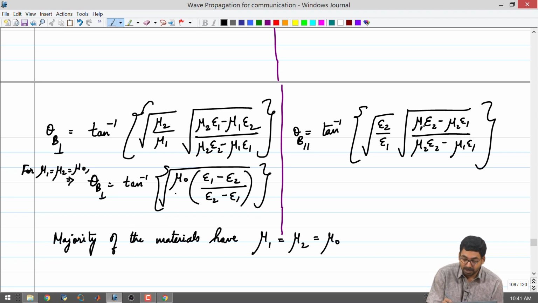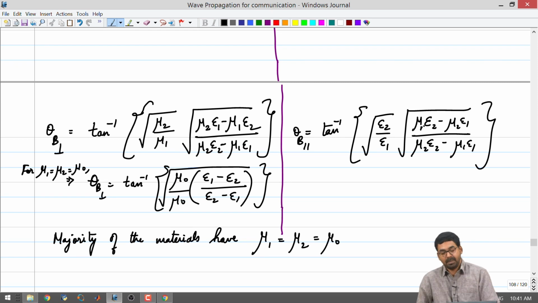Mu naught is common in the numerator and the denominator, is it not? So, it is tan inverse of square root of minus 1. So, it becomes tan inverse of j.